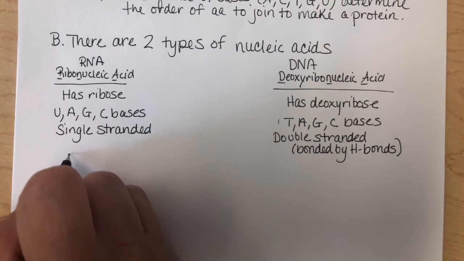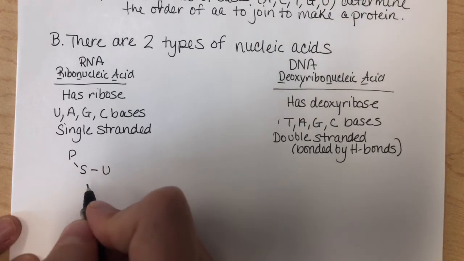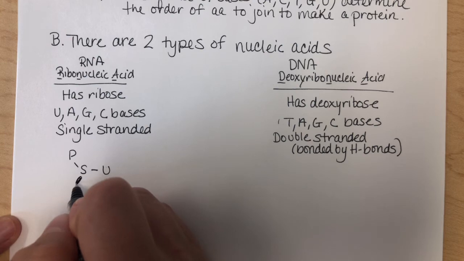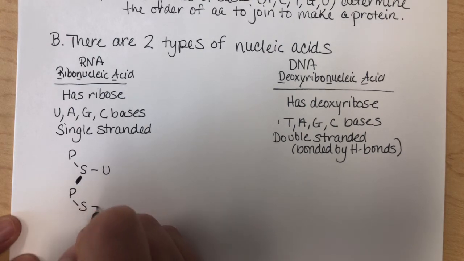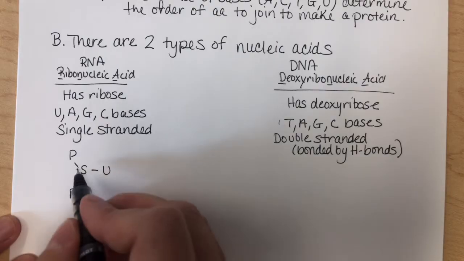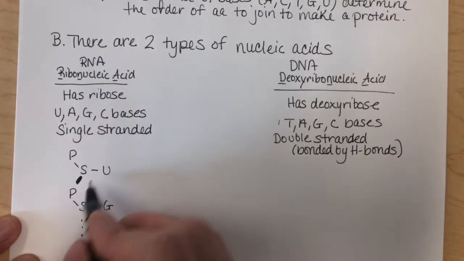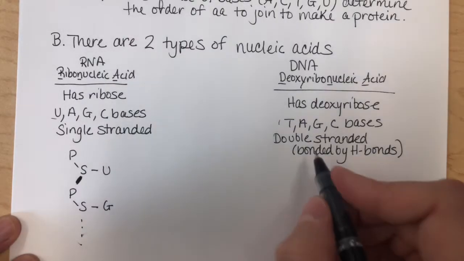We have a nucleotide, phosphate, sugar, and a base like U, connected to another nucleotide, that's the covalent bond, phosphate, sugar, and a base like G, and so on and so forth. And that's single-stranded, all right? So you can see the sugar would be ribose, and the bases would be one of these 4 bases. I just chose 2 there.